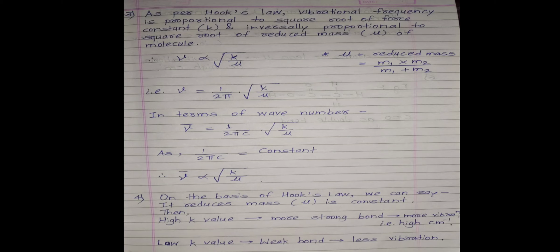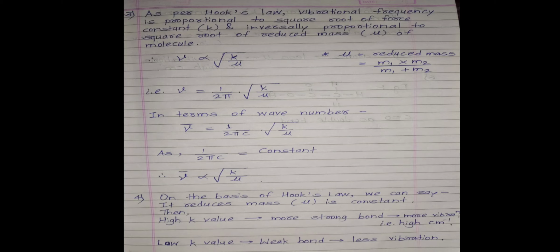Mu is called reduced mass, equal to m1 into m2 divided by m1 plus m2. That is nu is equal to 1 upon 2 pi into square root of k upon mu.